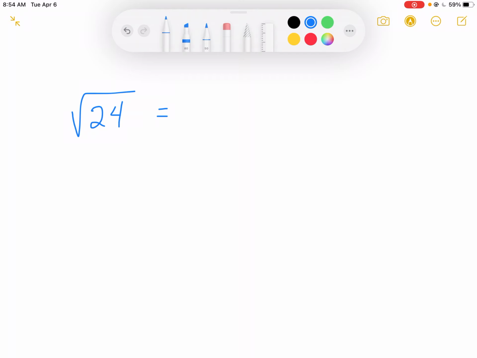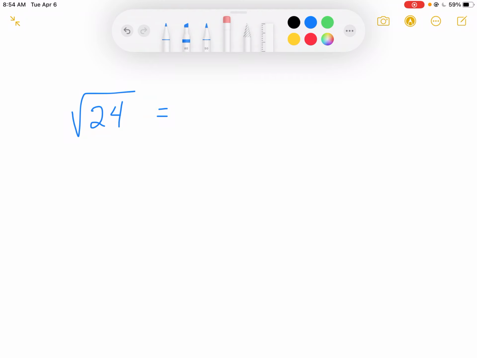Okay, should be getting a decimal like 4.8989, something like that. Okay, today we're going to teach you a method where we can simplify the square root without just turning it into a decimal. Okay, and so forget plugging it into your calculator.